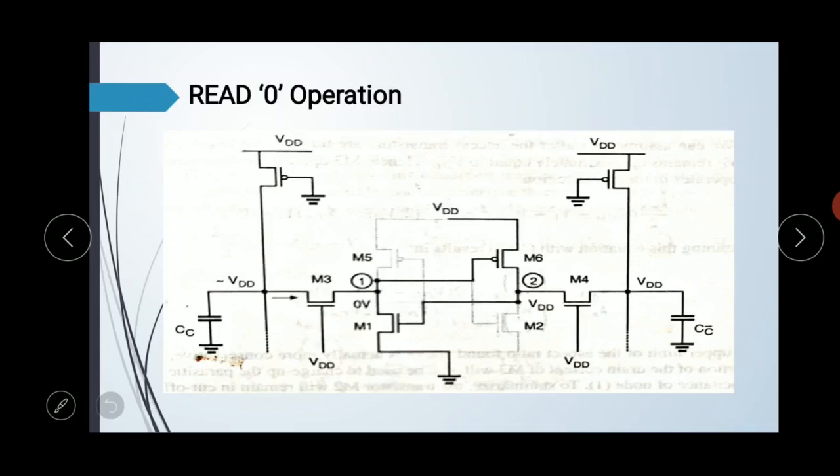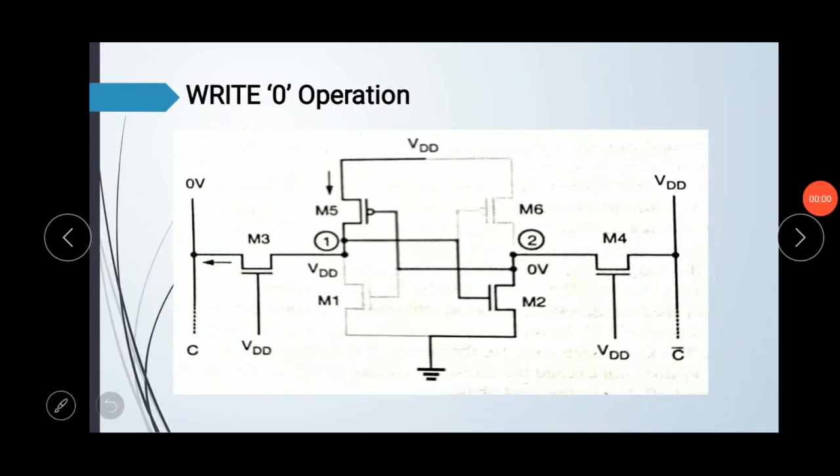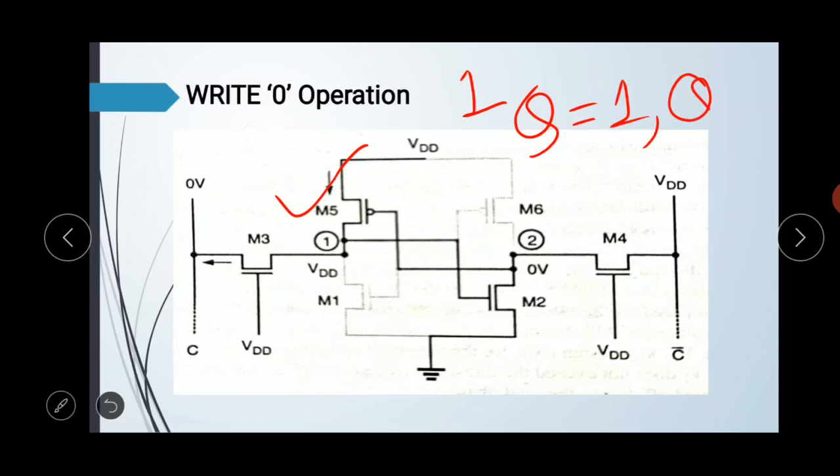Next we discuss the write 0 operation. We have to assume that initially 1 is stored in the memory cell. 1 is stored means Q equal to 1 and Q bar equal to 0.